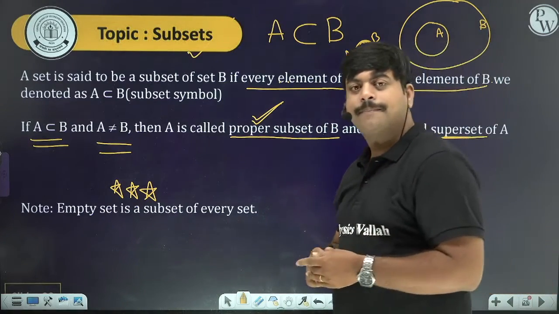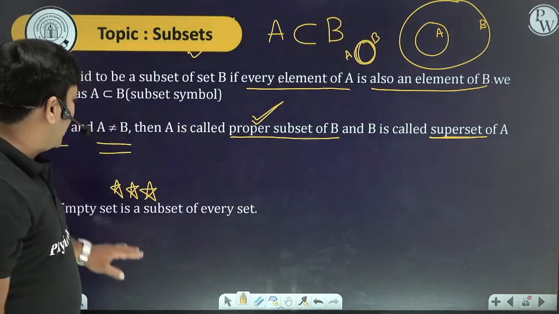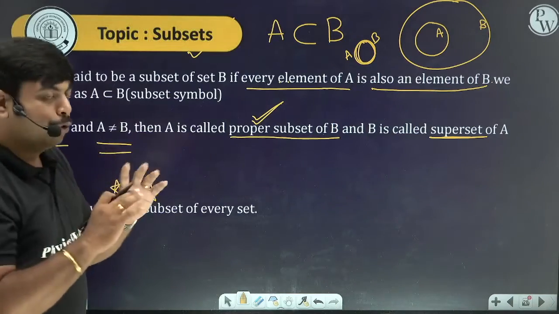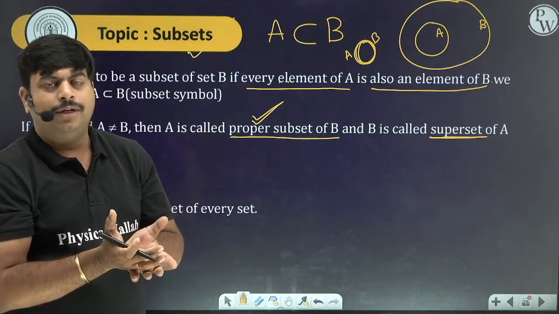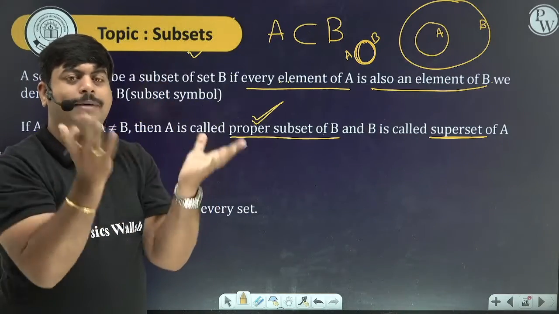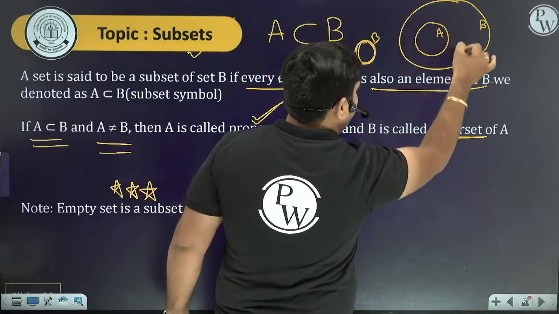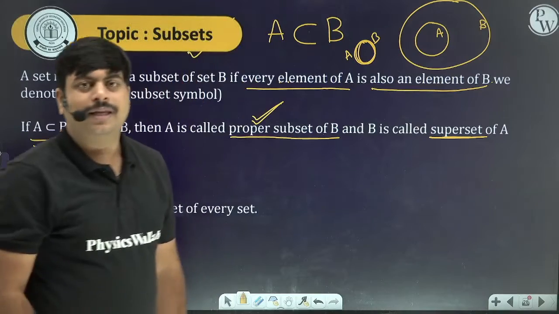That's your question. See, empty set means no element. But no element is also part of the bigger set. I'm not taking any particular value here, but emptiness is there in that.